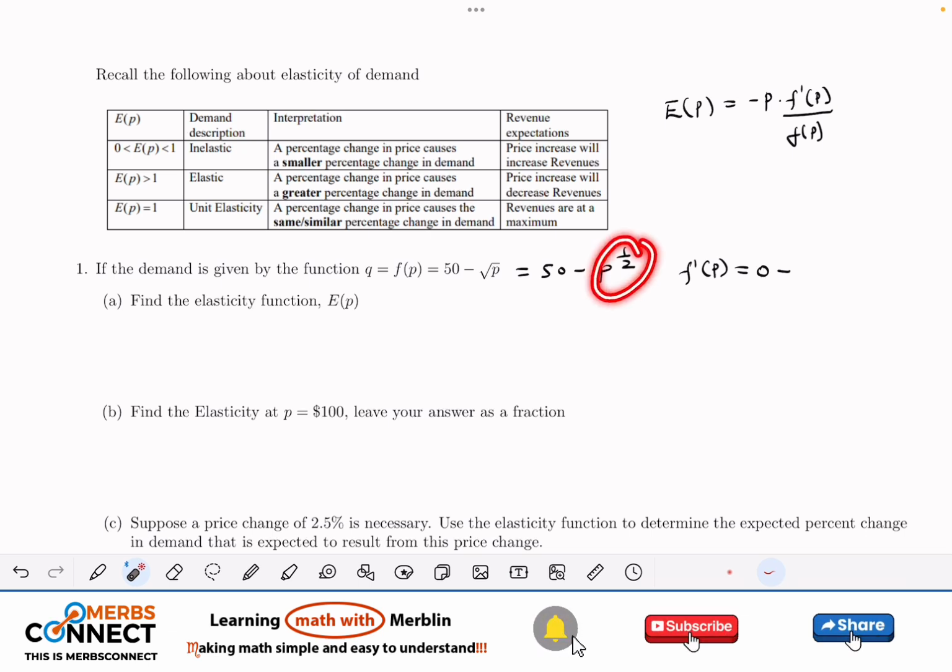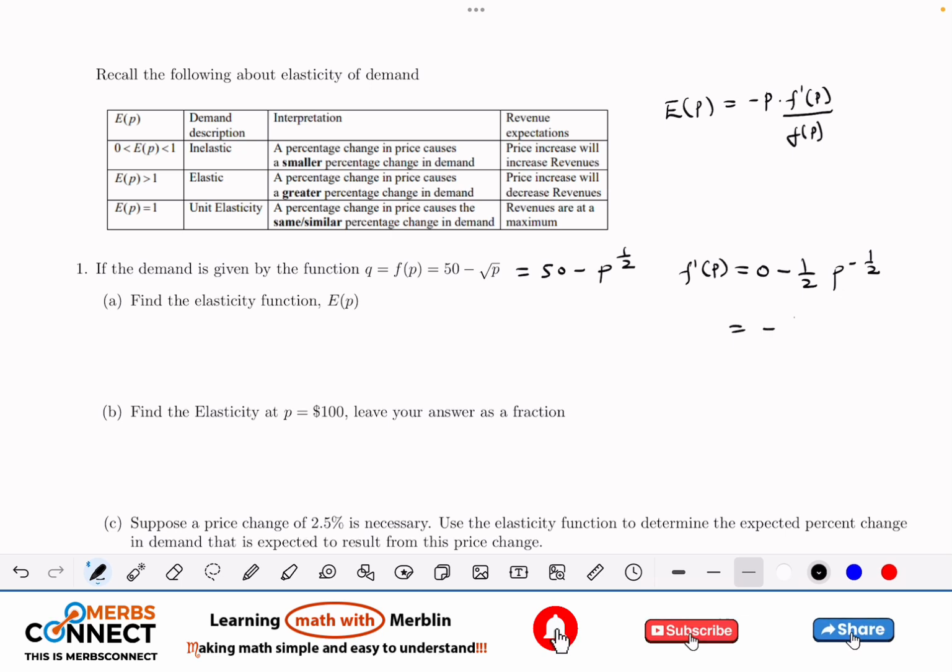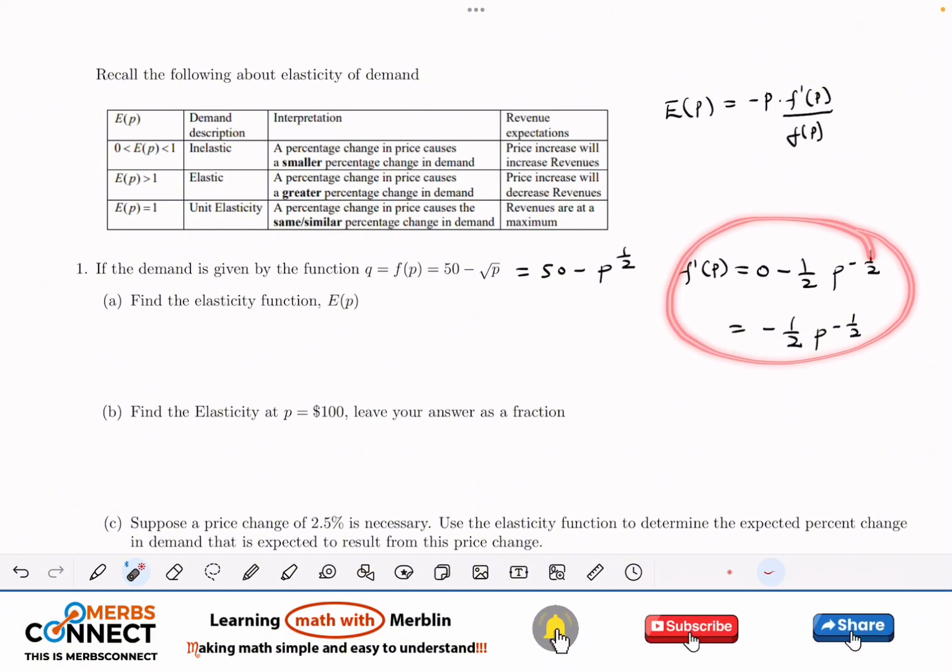So here we need to use the power rule. So 1 over 2 drops down, P, then 1 over 2 minus 1, which is going to give us minus 1 over 2. So this is going to give us minus 1 over 2, P^(-1/2). So this is the f prime of P.